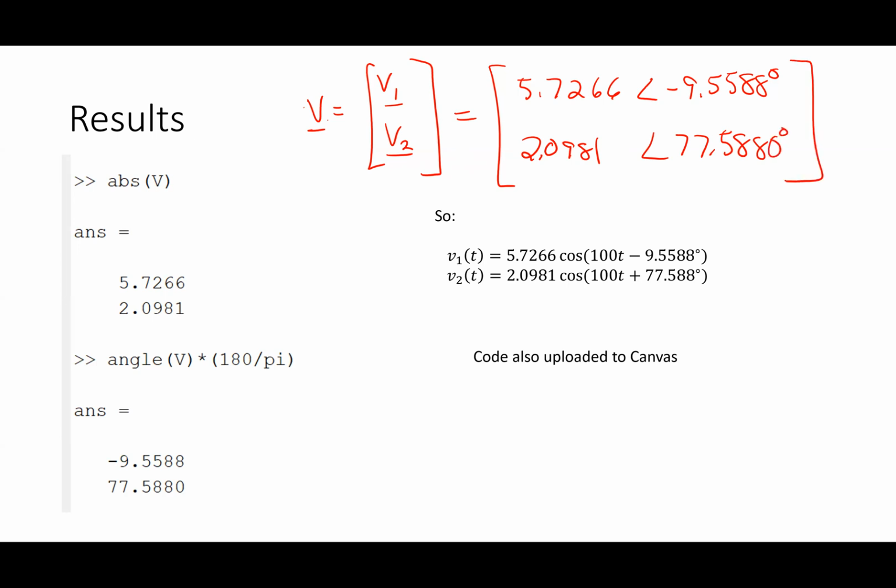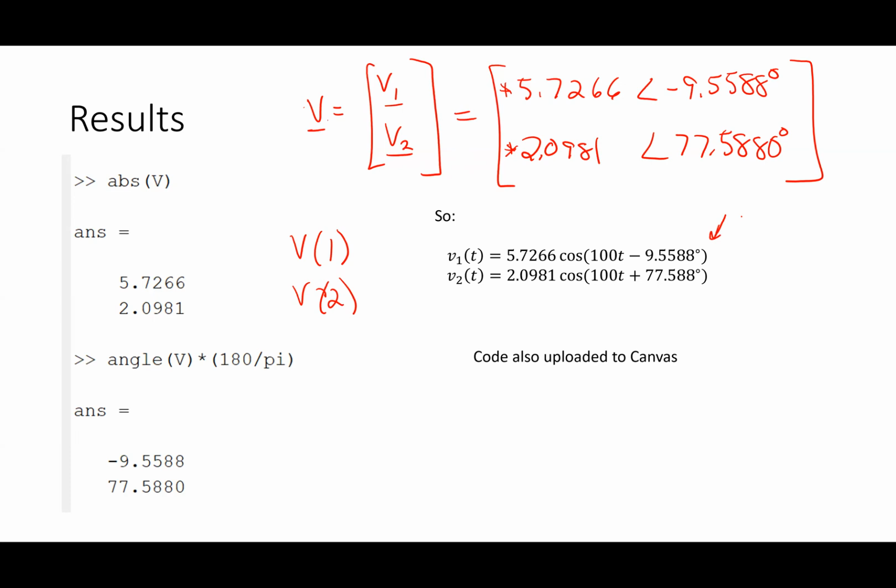What this is saying is if I want to access those numbers, I would say V of 1 would end up being this value, and V of 2 would end up being this value. And so what that means is if I wanted to look at the voltages as a function of time, this is what they would look like.